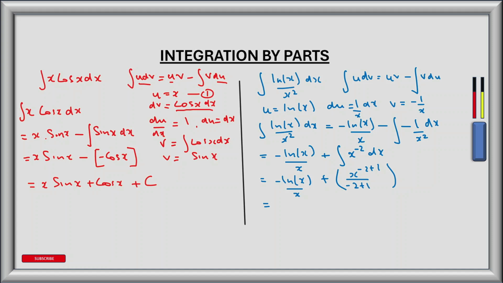So this is equal to minus log x divided by x plus, so the numerator becomes x to the power of minus 1 and the denominator becomes minus 1. That's minus 1 over x. So if we simplify this, it becomes, taking minus 1 over x outside of the bracket, minus 1 over x multiplied by log of x plus 1, and let's not forget the constant of integration, plus c.